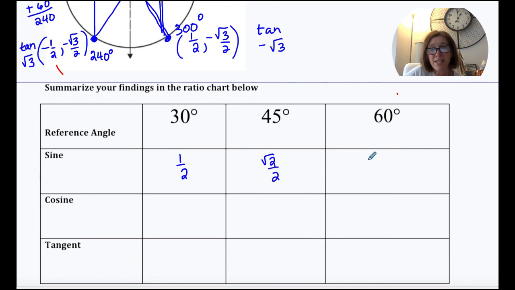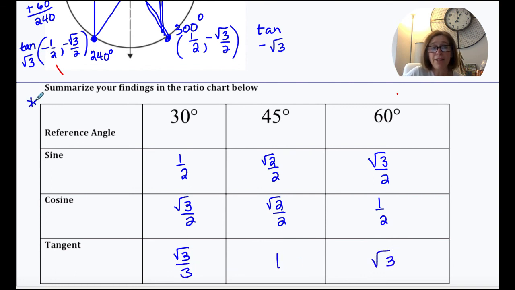The sine of 60, √3/2. The cosine of 30, √3/2. The cosine of 45, √2/2. And the cosine of 60, 1/2. Tangent, 30, √3/3, 1, and √3.